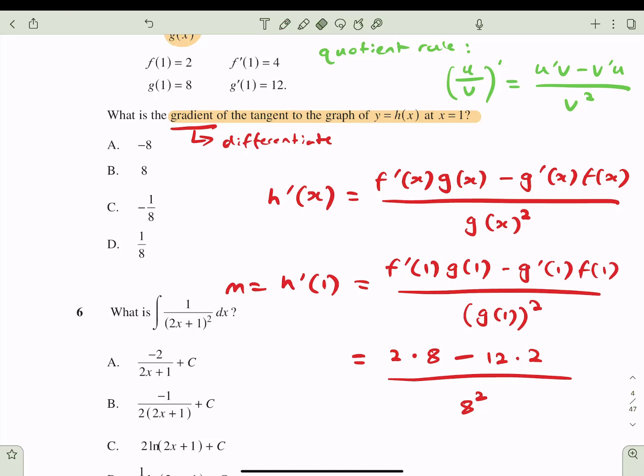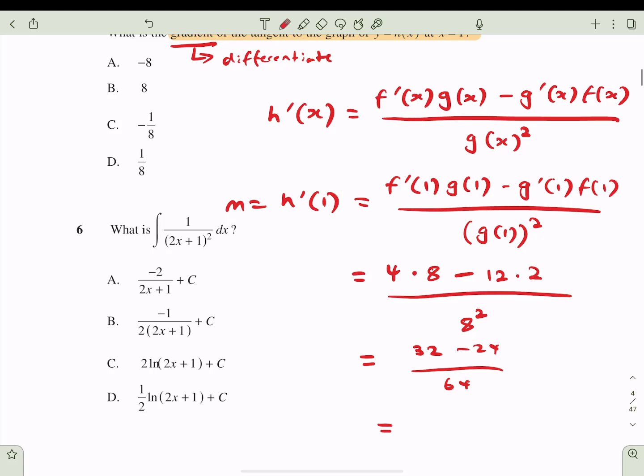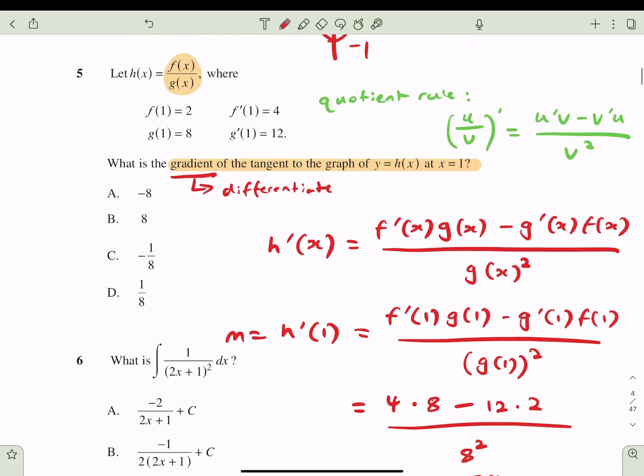Sorry, this should be a 4, not sure why I said 2. 4 times 8 minus 12 times 2 divided by 8 squared. That's going to equal 32 minus 24 over 64. And that's going to equal 1 over 8 when I simplify it. Alright, so the answer to question 5 is going to be D.